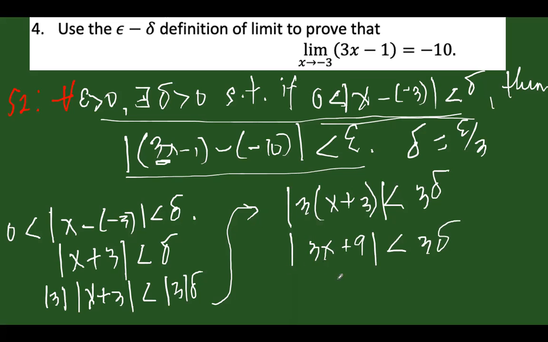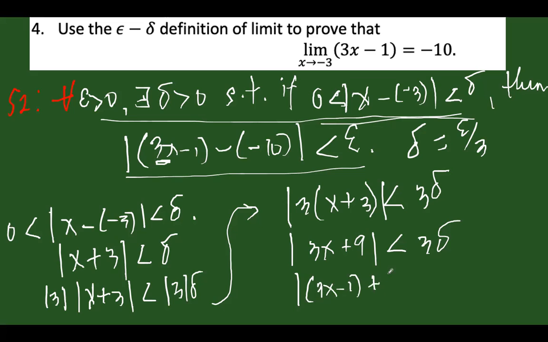Again, we are supposed to express the left-hand side in terms of this expression. Now, how do we do that? So first, we express it as 3x minus 1. And since we have minus 1, therefore this becomes 10, right? This becomes positive 10.